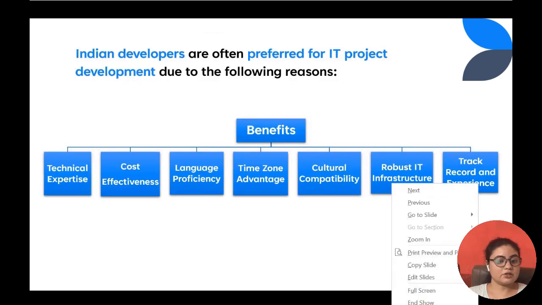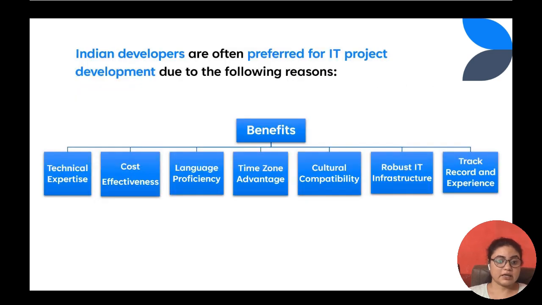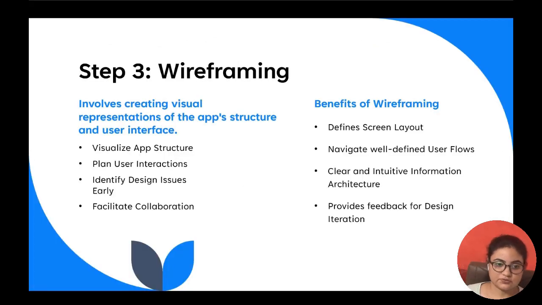Save it. Now, we always advise you to choose India as the preference for choosing your outsourced development. Why? Because of their technical expertise, their cost effectiveness, their language proficiency, their time zone advantage, their cultural compatibility, their robust IT infrastructure, and great track record.